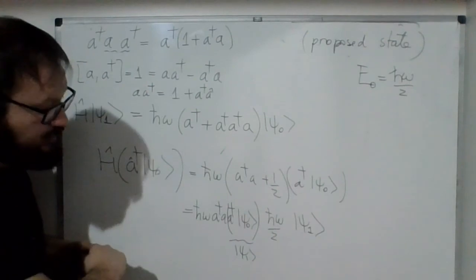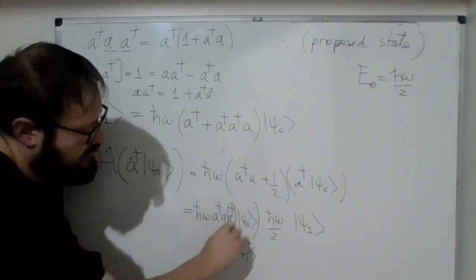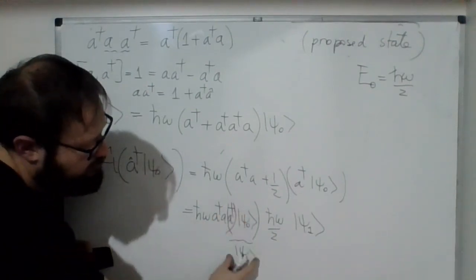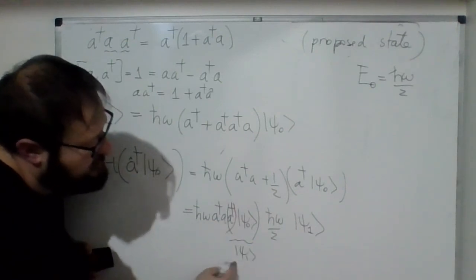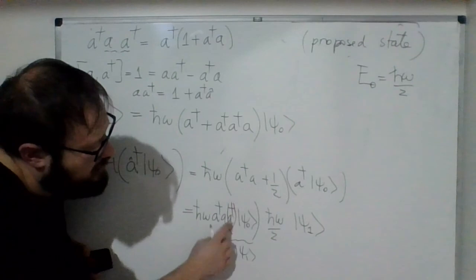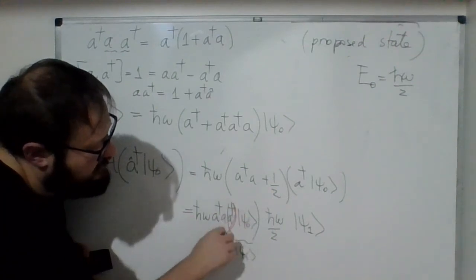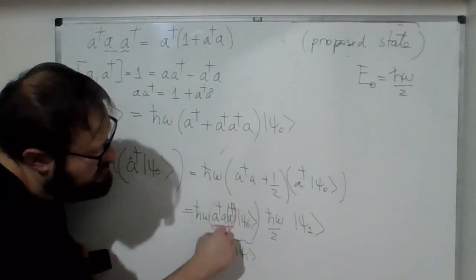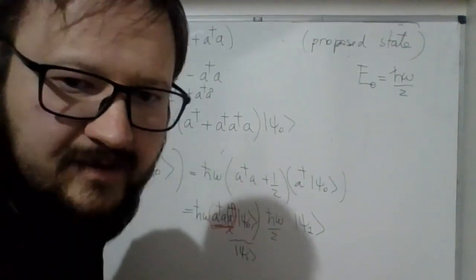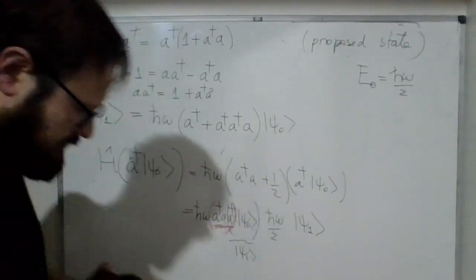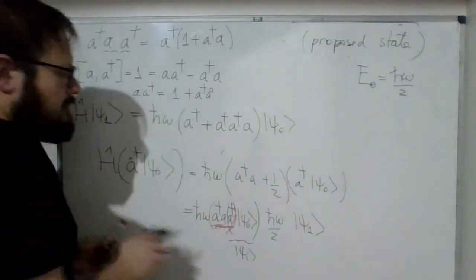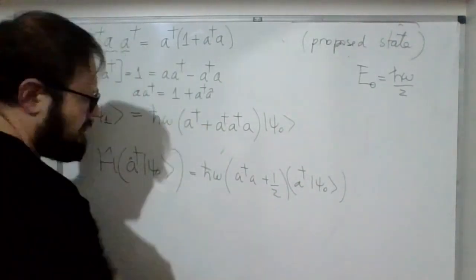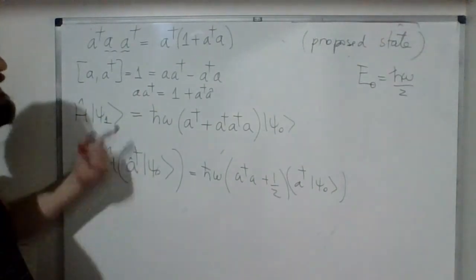Instead of picking up the a dagger a applied to psi 1, I have rewritten psi 1 as a dagger psi 0, and I am now multiplying these things to see if I can find some more intuitive or more easily calculable results.